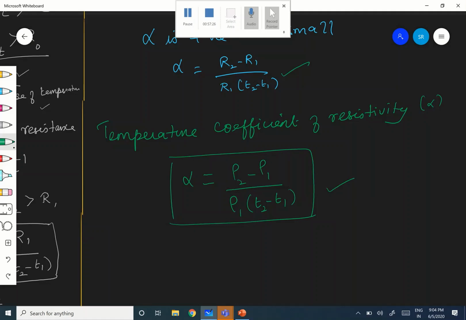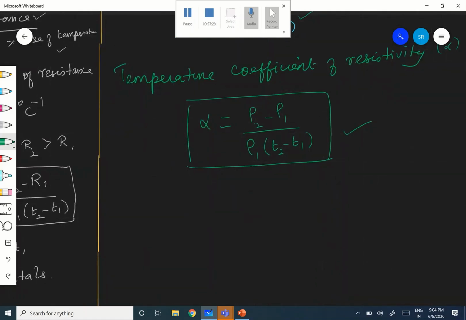Okay, therefore, shall we go for plotting the graph here? What if I want it for metals? For metals, if I want to plot a graph, rho versus temperature in Kelvin, and rho, the unit here is 10 power minus 8 ohm meter.